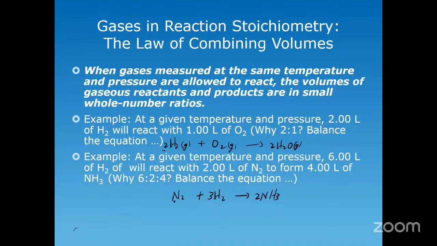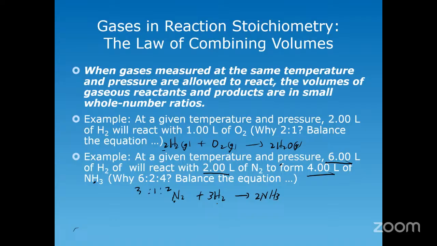In this case here, according to the information given in this sentence up here, 6 liters of hydrogen will react with 2 liters of nitrogen to form 4 liters of ammonia, right? So that's a 6:2:4 ratio. Well, 6:2:4 is the same thing as 3:1:2.